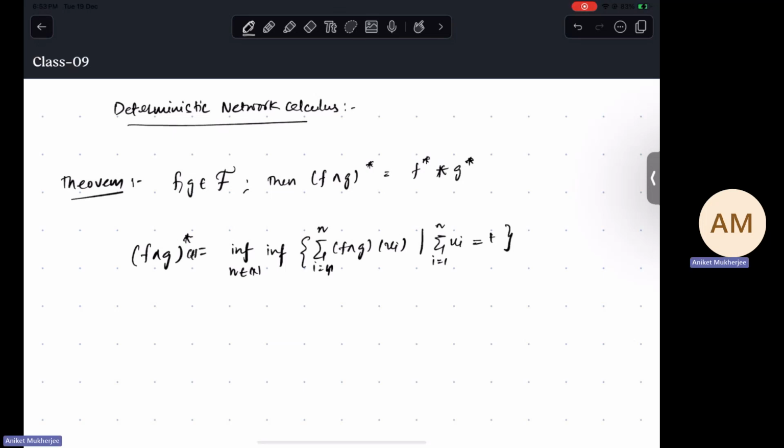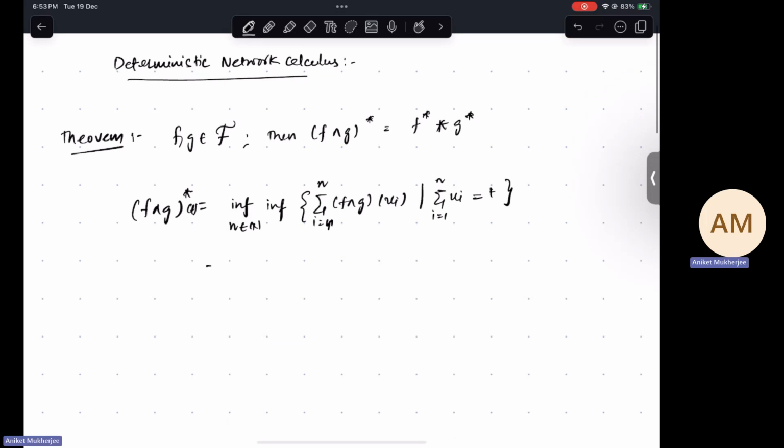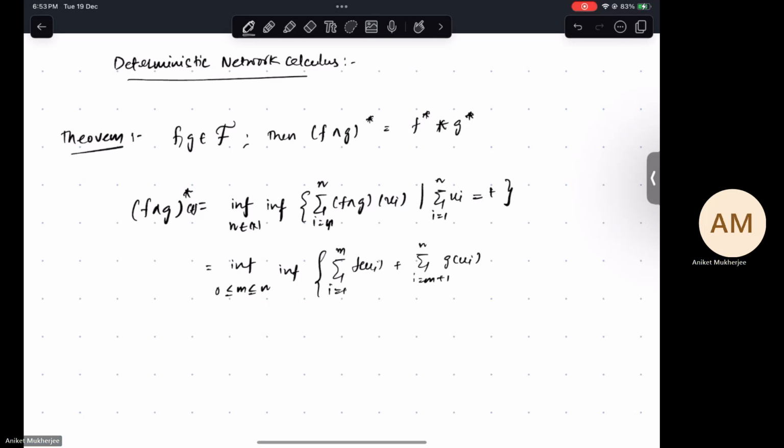This is t, right? Now this we can write as the infimum over 0 less than or equal to m less than or equal to n of the infimum of the summation i equal to 1 to m of f(u_i) plus the summation i equal to m plus 1 to n of g(u_i), such that the summation i equal to 1 to n of u_i equals t.